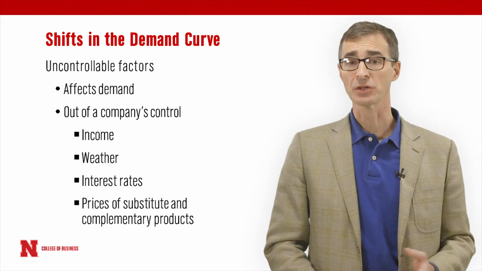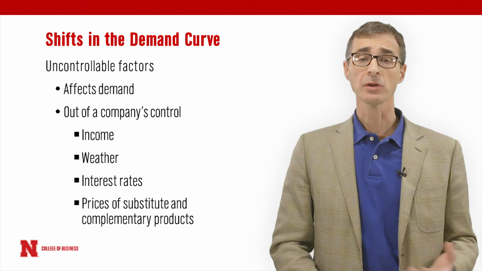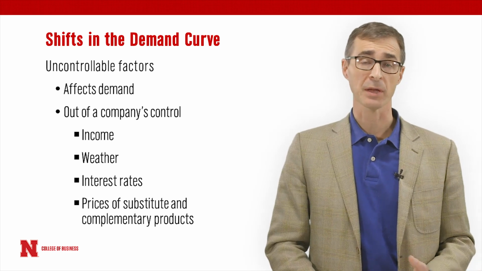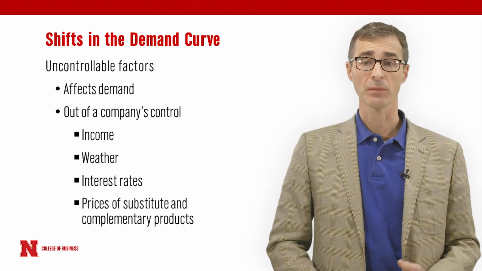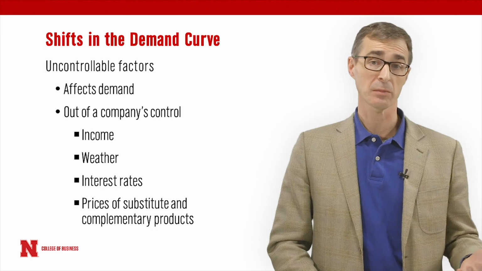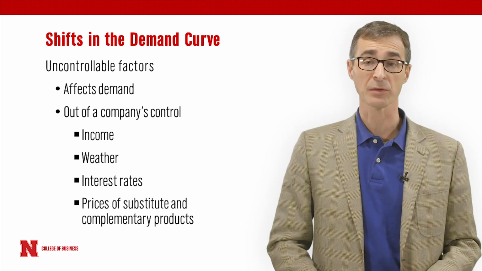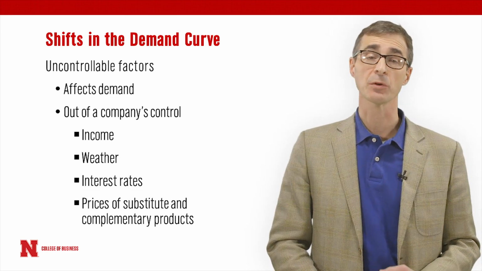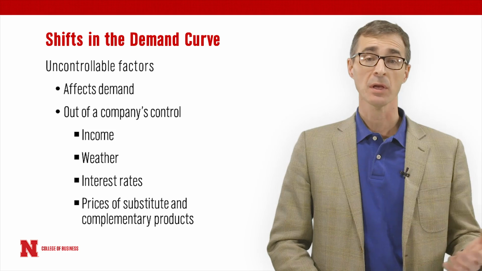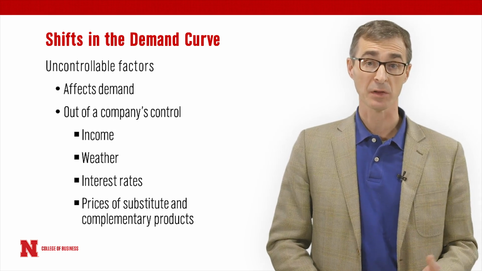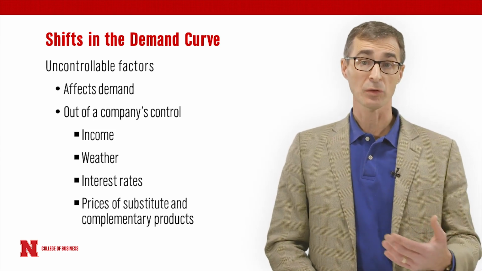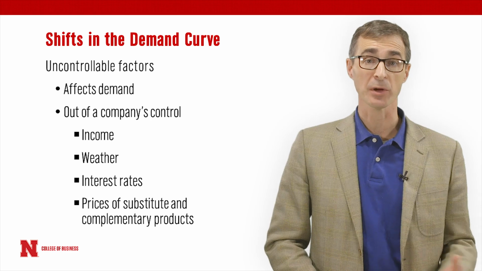So what might cause a shift in the demand curve? Well, uncontrollable factors that affect demand, out of the company's control. For instance, the weather that affects its suppliers or the price of its goods, the income of its customers, interest rates in the economy, the price of a substitute product that consumers might switch to depending on the price of the primary company's product.